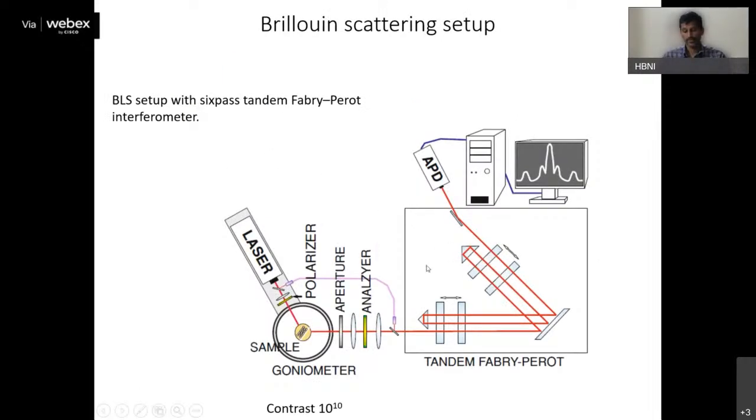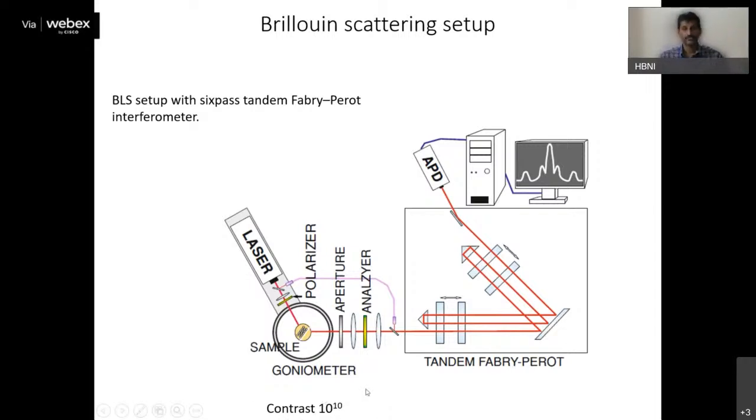One uses basically a Fourier interferometer, and since one needs to go very close to the laser line, the discrimination required is very high. In the case of Raman scattering, as mentioned, we require around 10 raised to power 6 contrast to have one Raman scattered photon. Typically, in the case of Brillouin scattering, it is much higher.